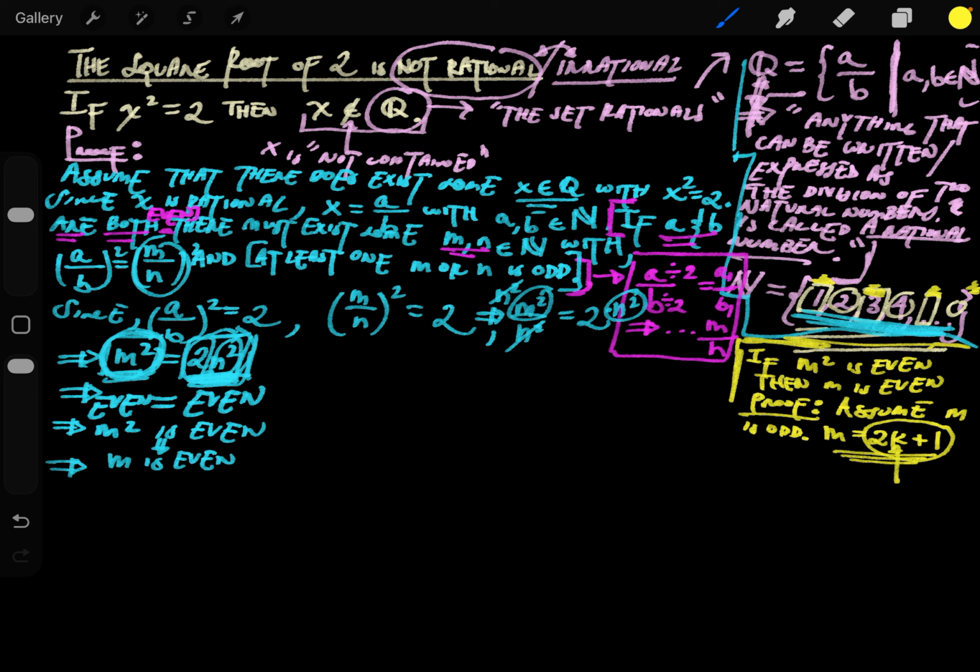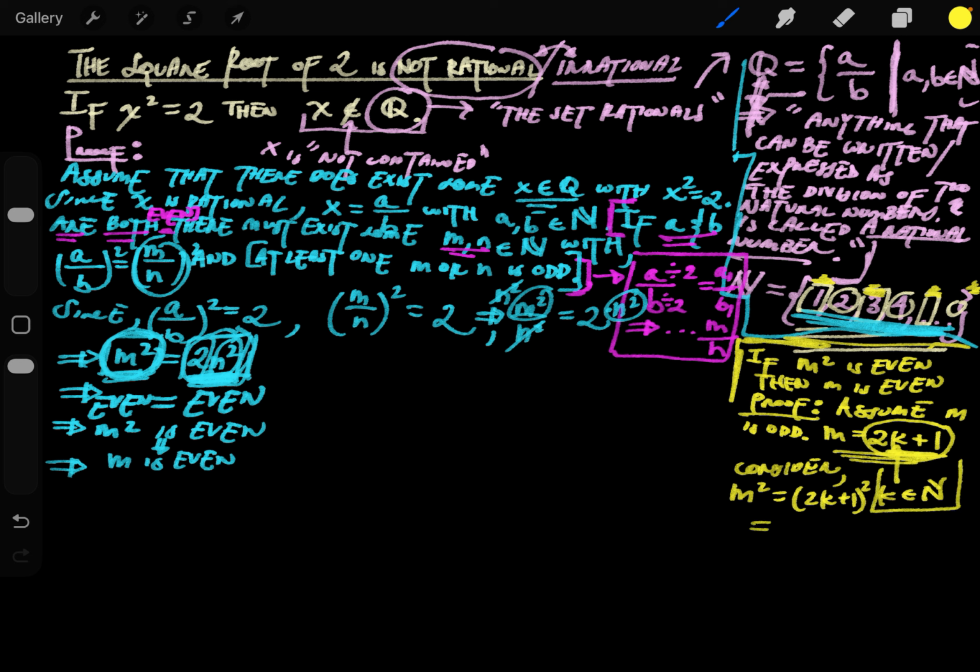And k is a natural number, right? So we just need to convince ourselves that if m is odd, then m can be written like this. Okay, just take your time. Now, consider m squared, which is, in this case, 2k plus 1 squared.